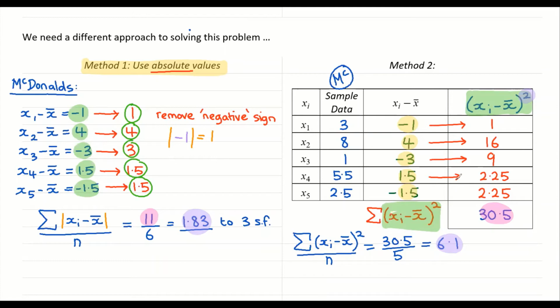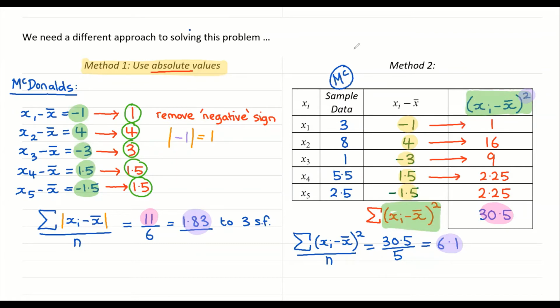So we need some way of remedying that, to undo the fact that we've squared everything. How do we undo squaring? Well, we take the square root. So why don't we take the square root of all this?